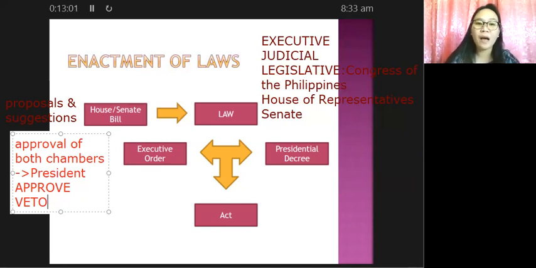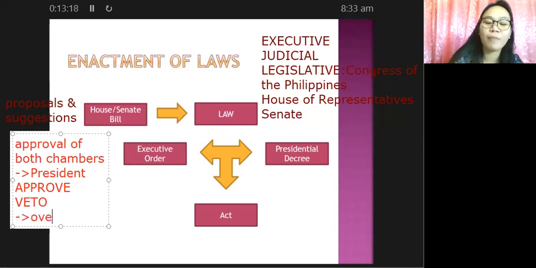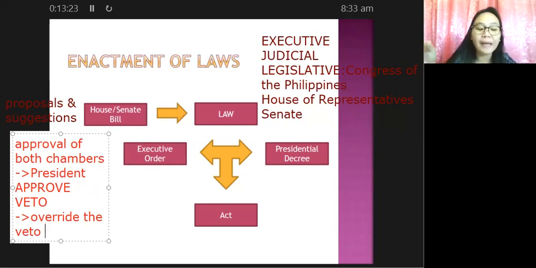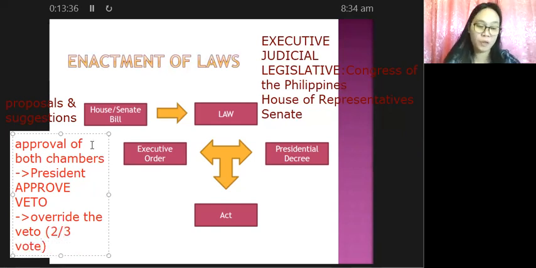So will the bill end there? No, because the Congress, being the legislative branch of government, may override the veto of the president by having 2/3 of votes.